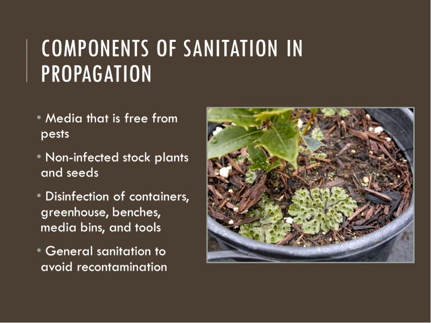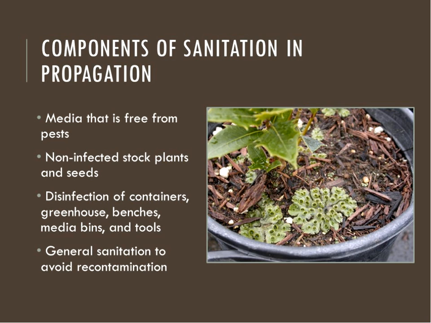And usually we do this with each rotation of propagation. So here at NC State in the greenhouse, we have a propagation class out there each semester, so we sanitize everything in between semesters. And a really easy thing to use for sanitation of these things is 10% bleach.